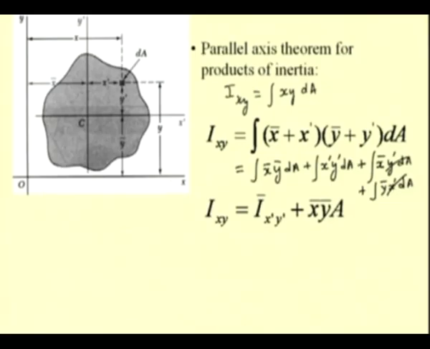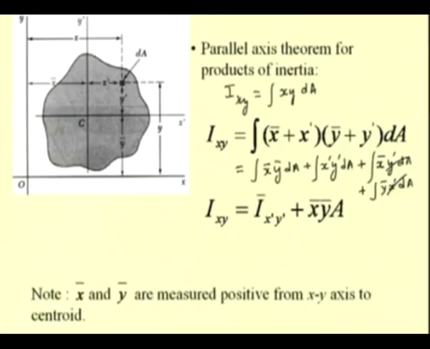So, if the centroid is located in other quadrants, then this value will have appropriate signs. So, one has to note this point, that these values are measured positive from the xy axis to the centroid.